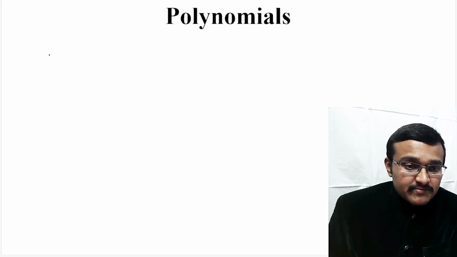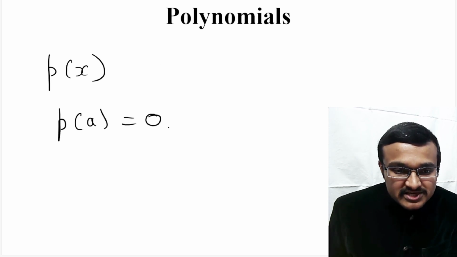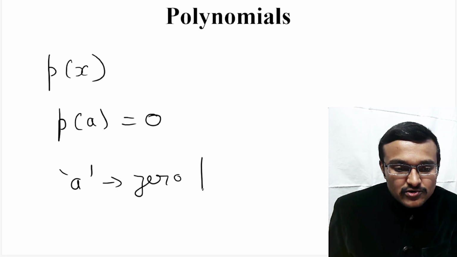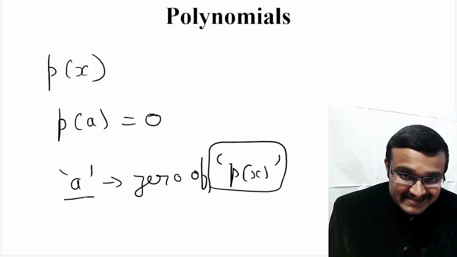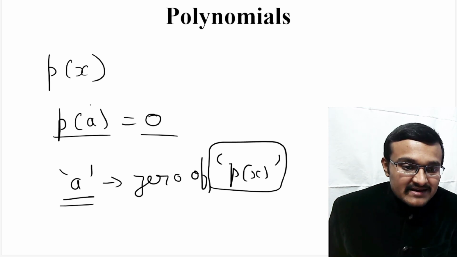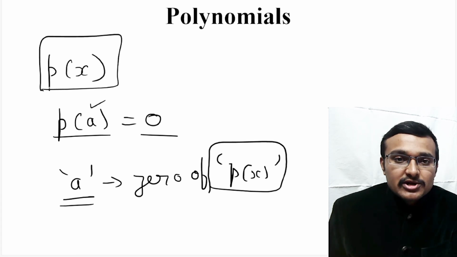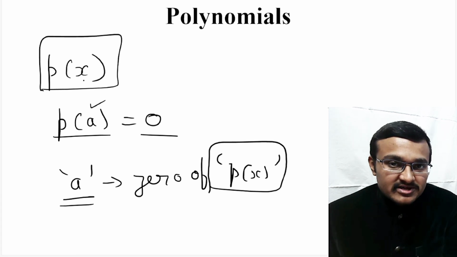So now you know, if a polynomial p of x is there, and p of a is equal to 0, then a will be the 0 of this polynomial p of x. And in order to calculate this a, you have to factorize the polynomial p of x so that you will get the 0 of that polynomial.